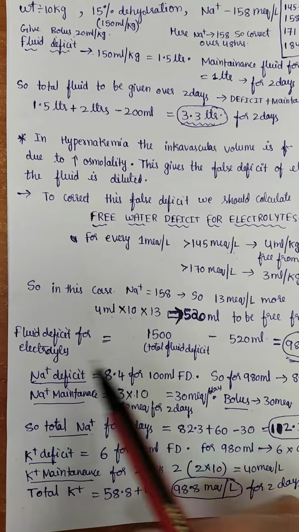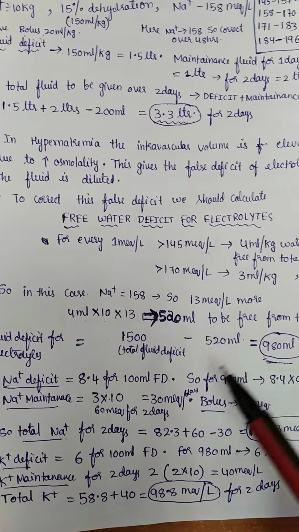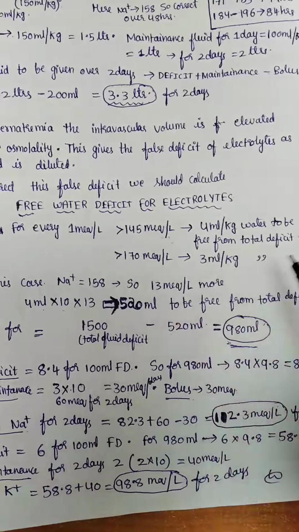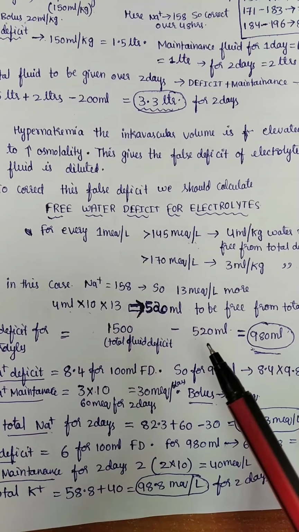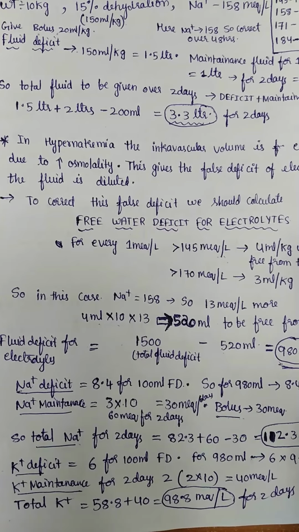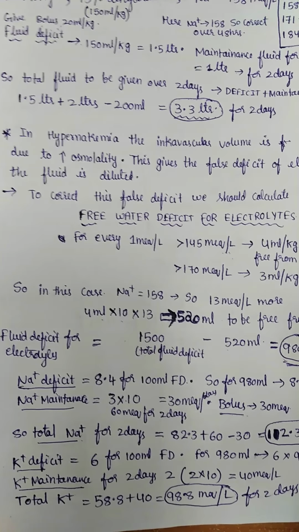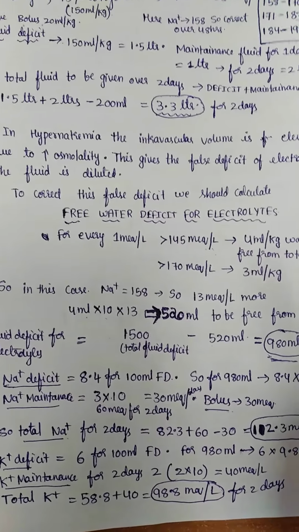Fluid deficit for electrolytes is equal to total fluid deficit minus free water deficit: 1500 minus 520 ml is equal to 980 ml. I think you understood. If you didn't, please comment your doubt, then I will explain properly.